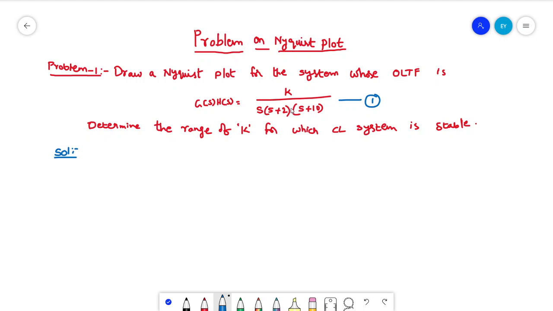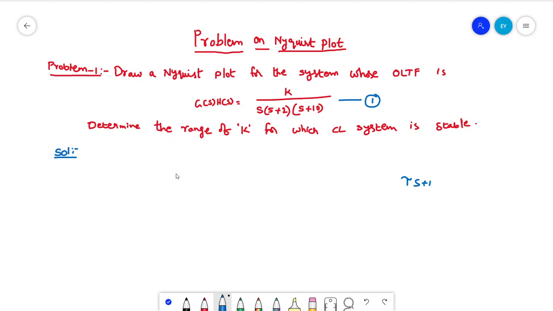So the first step, once we consider this equation 1, is to convert this transfer function into a time constant form. If you see, we have s plus 2 and s plus 10. What we need to do is write in terms of tau s plus 1. Therefore we have to take 2 and 10 common from the denominator.